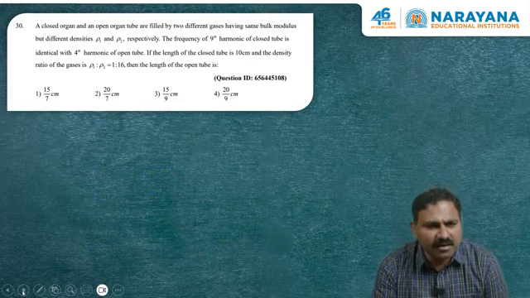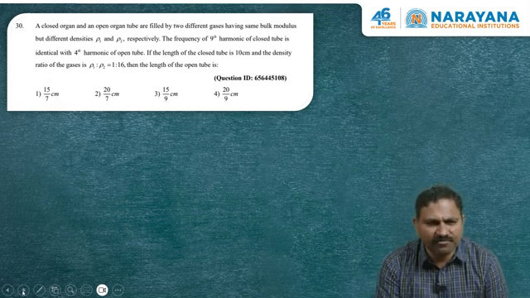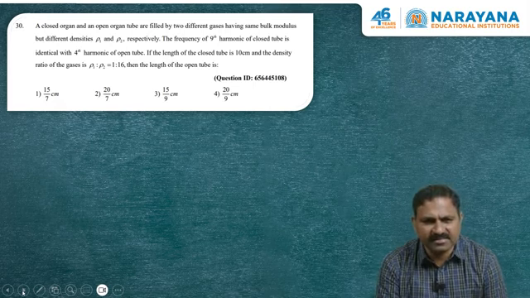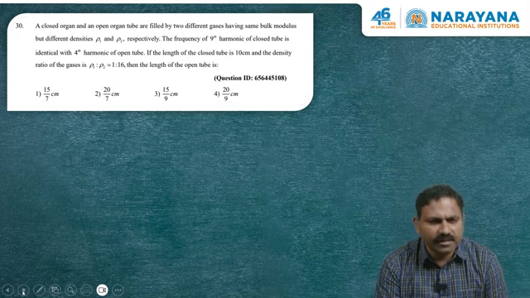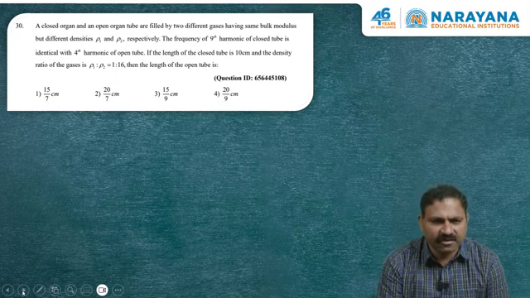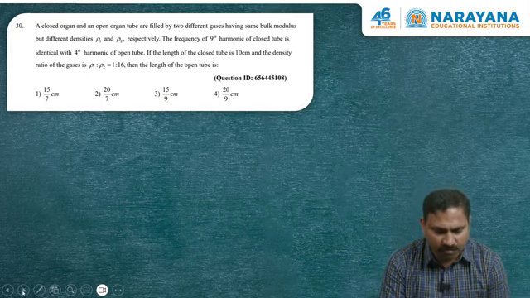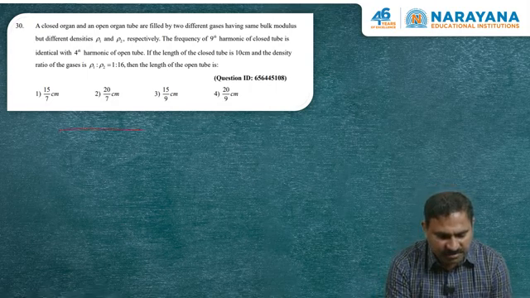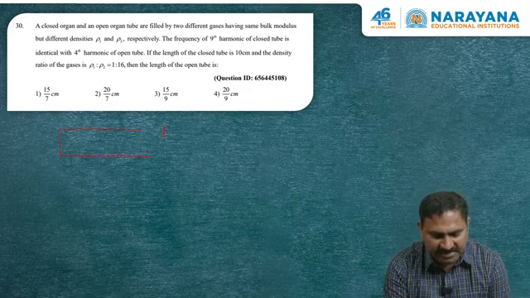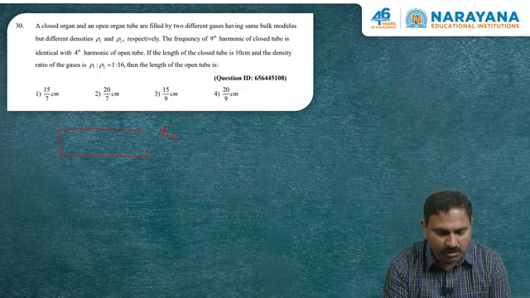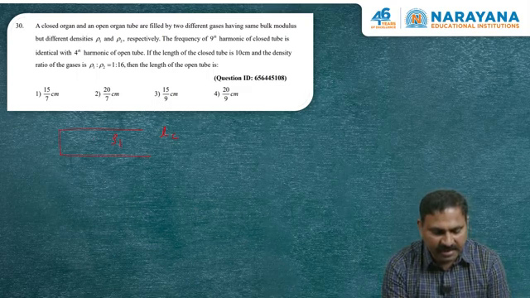A closed organ pipe and an open organ pipe are filled by two different gases having the same bulk modulus but different densities rho 1 and rho 2 respectively. The frequency of the ninth harmonic of the closed tube is identical with the fourth harmonic of the open tube. Suppose for the closed tube, let Lc be the length of the closed tube, rho 1 the density of gas in this case, and B the bulk modulus.